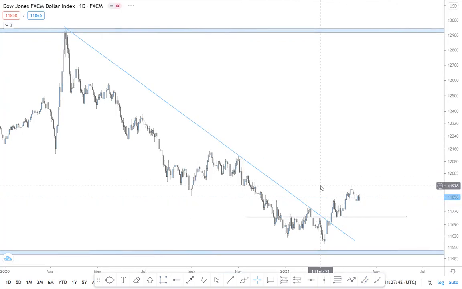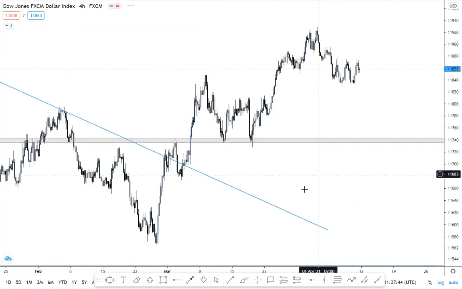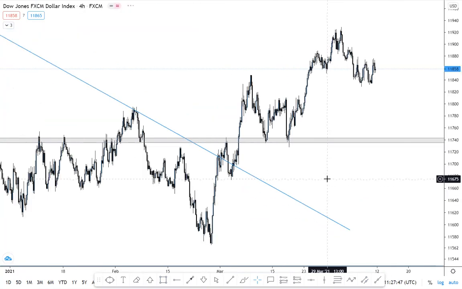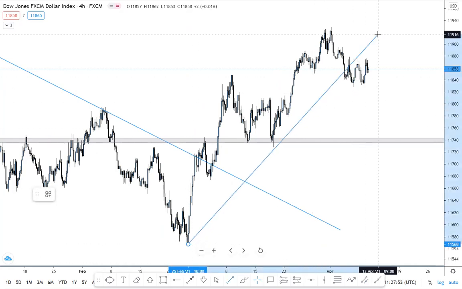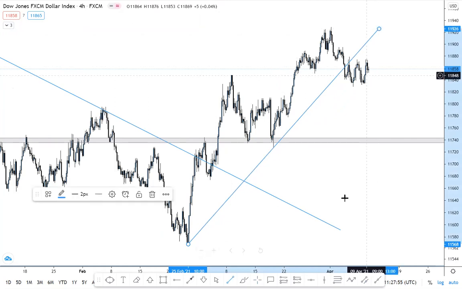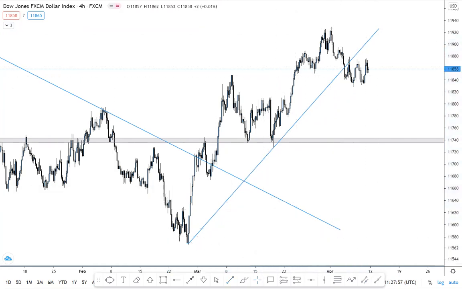On H4, this is how we see the market. We can also draw the bullish run that we saw on the daily as such, and we can see price making a retracement over here. First of all, we saw this retracement, the retracement that sort of broke the structure on the H4, which is this.